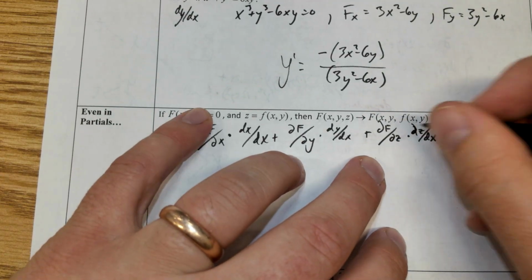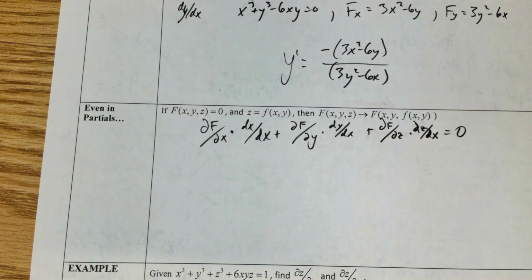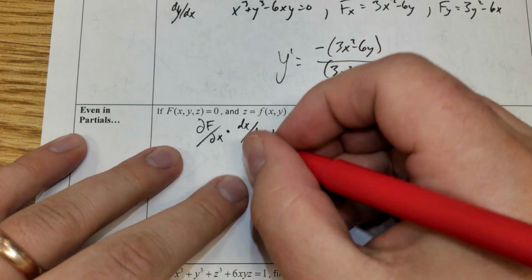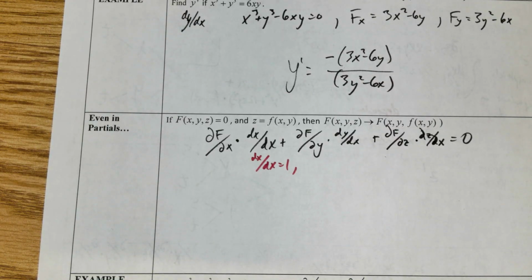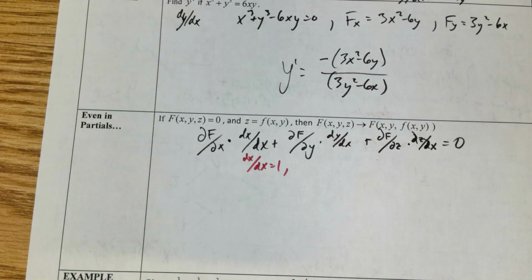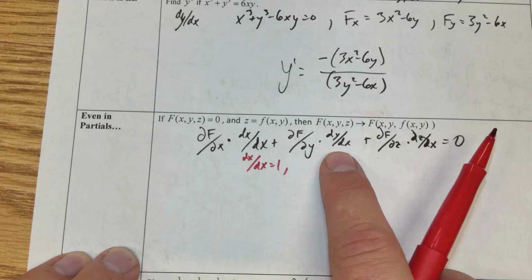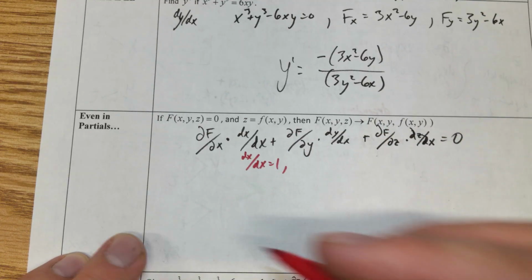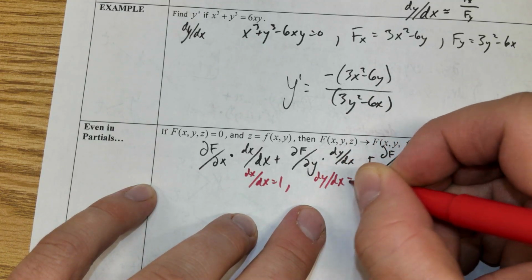I guess that would be a partial z that partially depends on x. So here I know that dx dx equals 1. But in this case, this dy dx is actually just going to be 0, because we are in partial derivatives, so y is held constant.